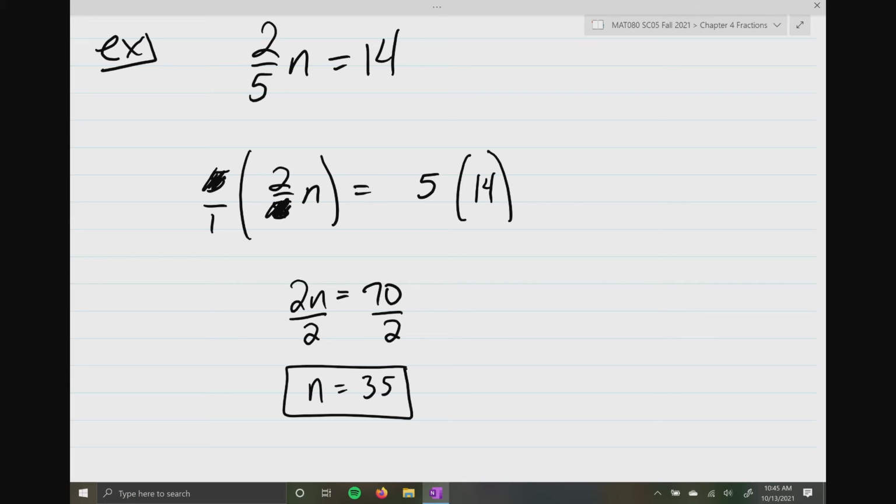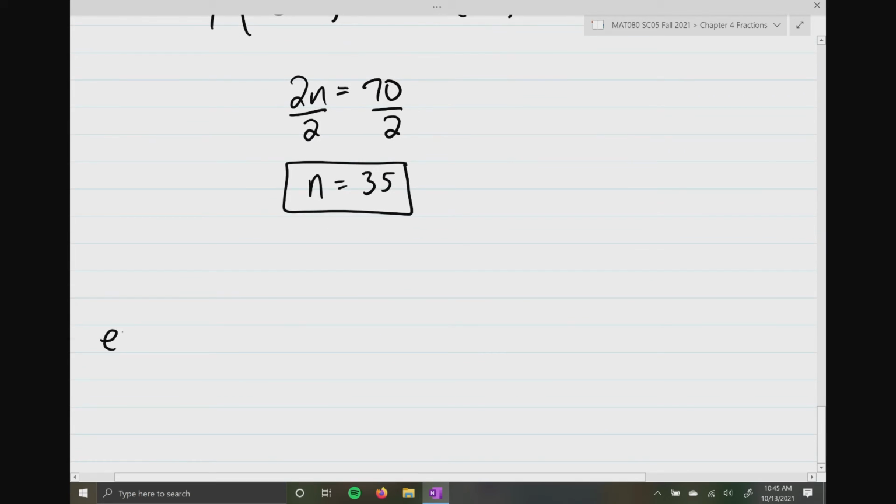All right, let's try another example. So we have 5/6y equals 15. First step, I'm going to multiply both sides of my equation by what? 6.